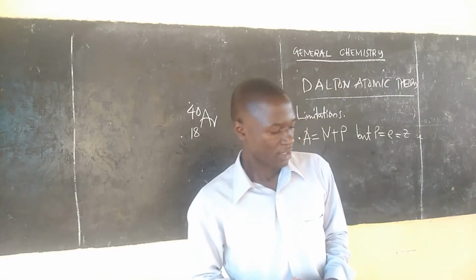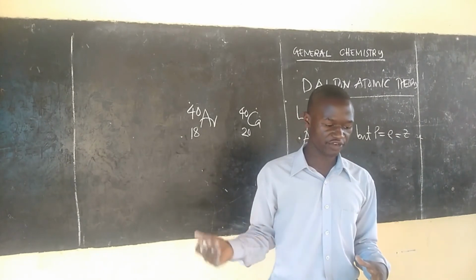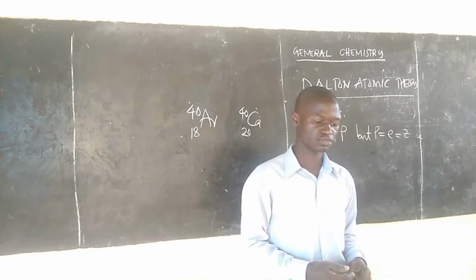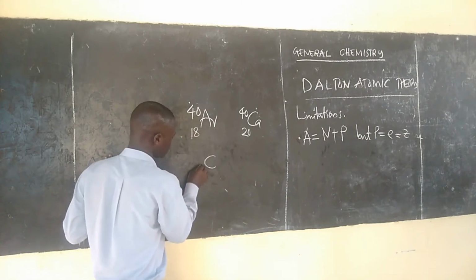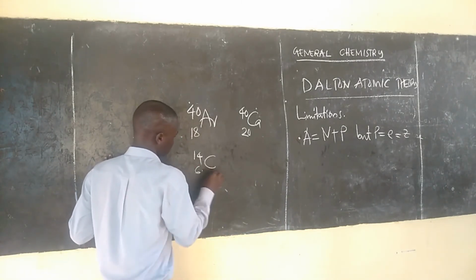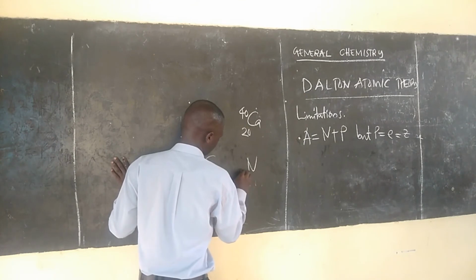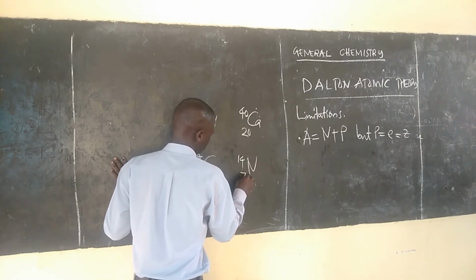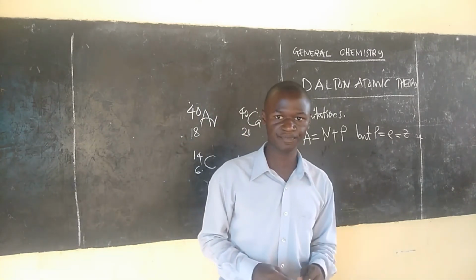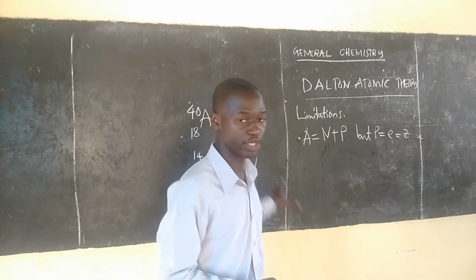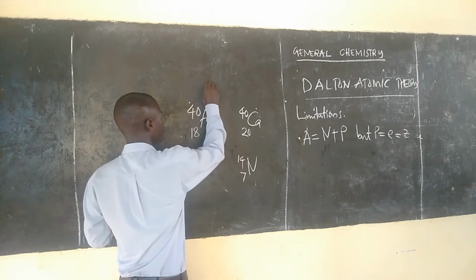Another example, we may have carbon isotope, carbon 14 and nitrogen. Carbon 14, it is carbon 6, then 14, and nitrogen, it is 7, and then 14. So you see, they are atoms of different elements, but they have the same atomic mass. We call this the isomers.